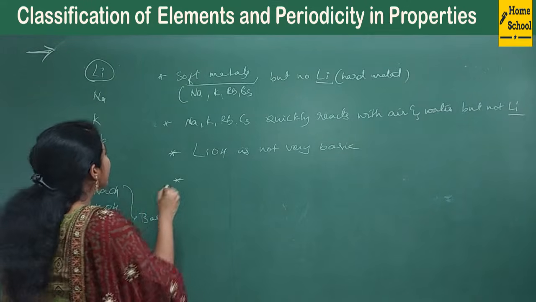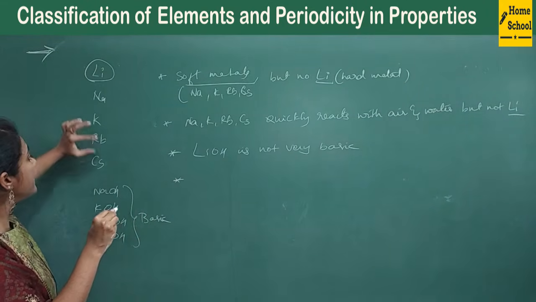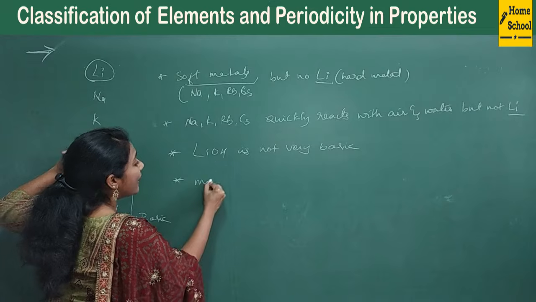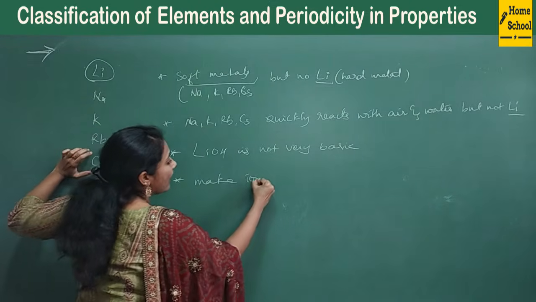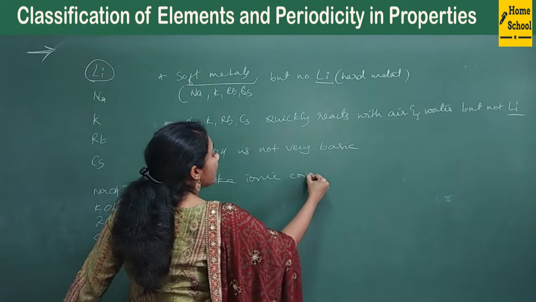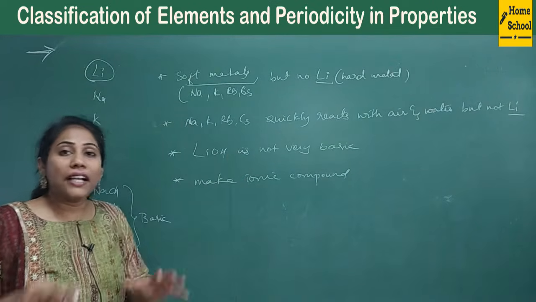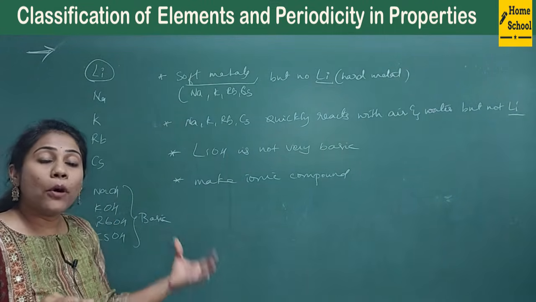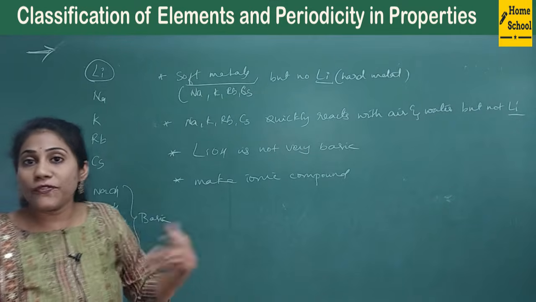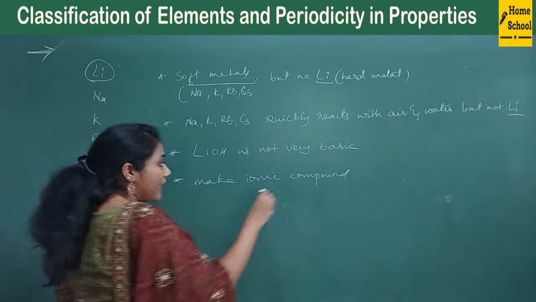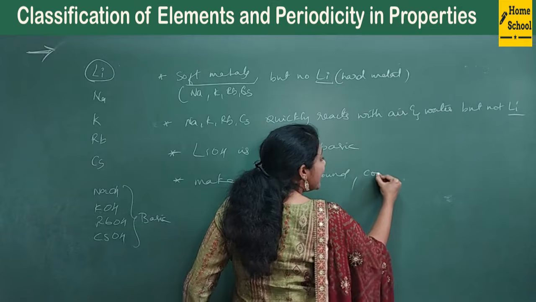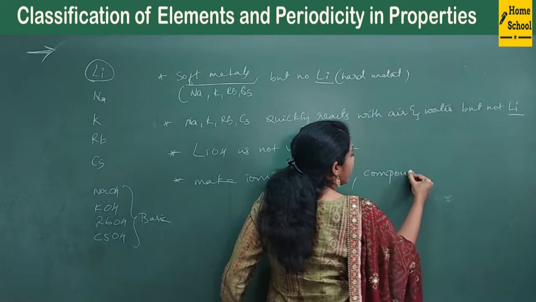Another thing is, usually these metals make ionic compounds. For example, NaCl, KCl, all these have ionic bonds, so the bonds are formed by transfer of electrons. Whereas compounds of lithium are covalent.